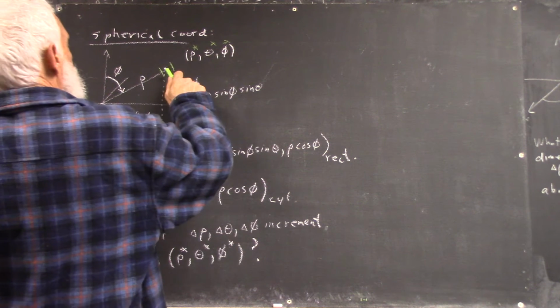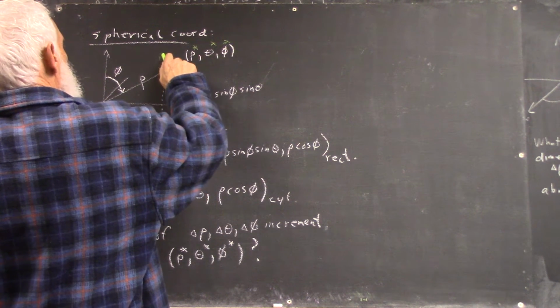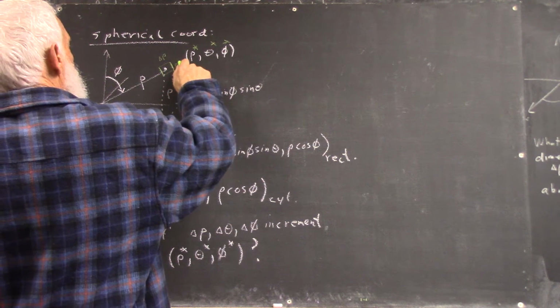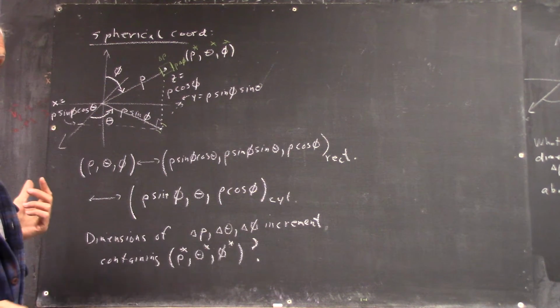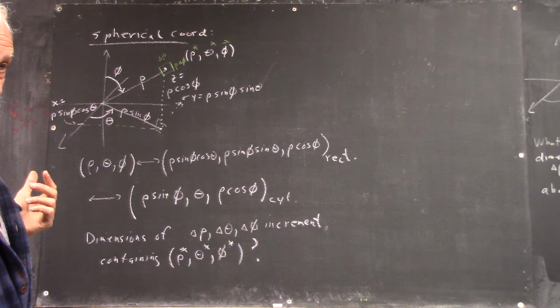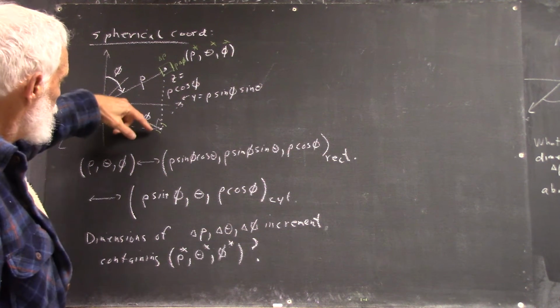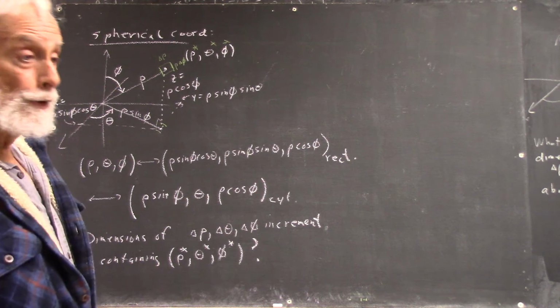So what you have here is, first of all, a delta rho and a rho delta phi. No sine or cosine. And then you have this wiggle room here, which gives you another dimension.